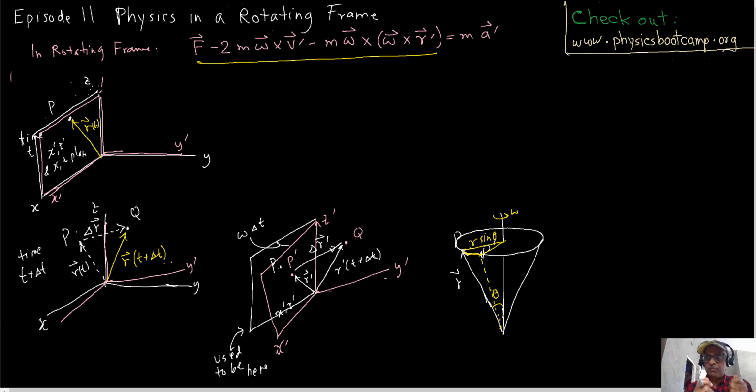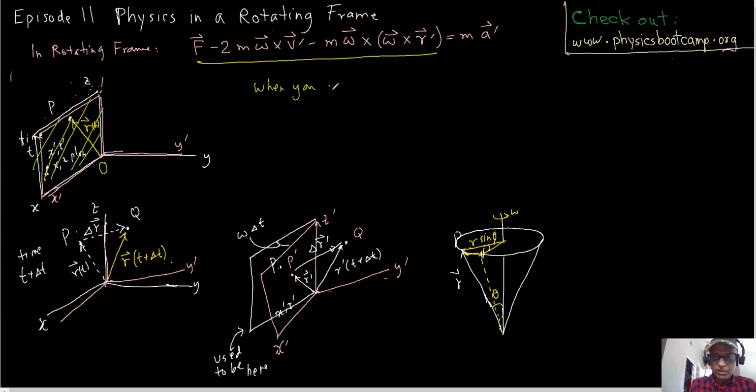Both these people, say you are using the xyz frame, so you think it's over there at P, so that's OP for you. And if you're using the x prime, y prime, z prime frame, you also see it's at OP. So they're the same vectors, right? Now when you rotate, let's call the origins O and O prime.